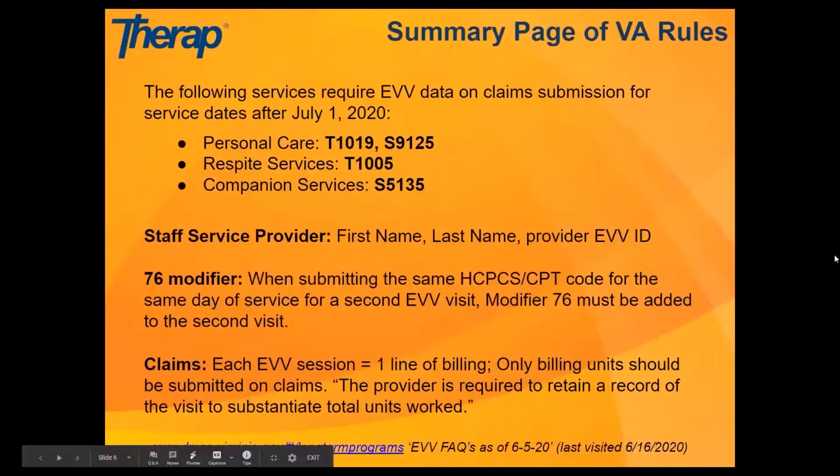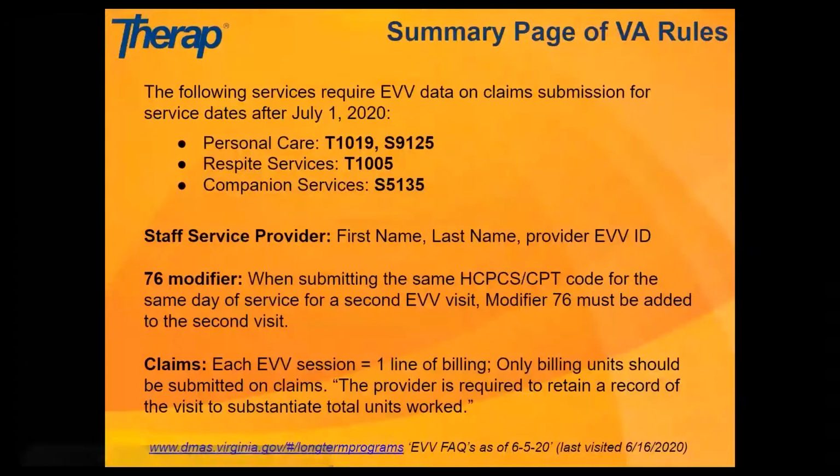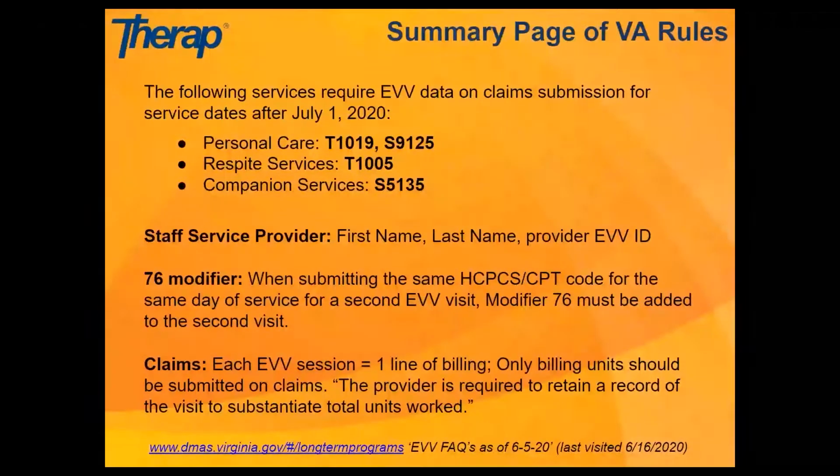So we're going to take a look at the EVV information that gets submitted on your claim. I wanted to summarize a bit of Virginia-specific rules. We have about 4 HCPCS codes that require EVV information for personal care, for respite, and for companion. You also want to make sure that the staff has a first and last name on their login page, as well as an EVV ID.